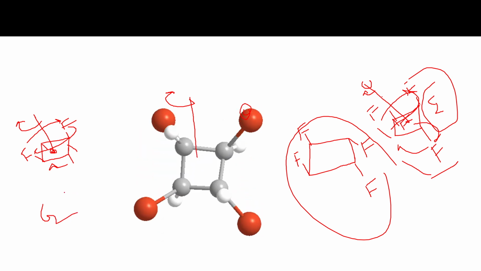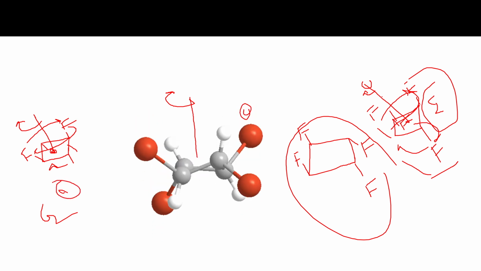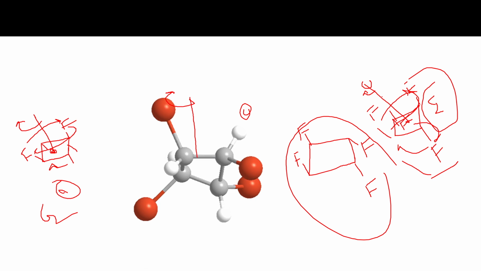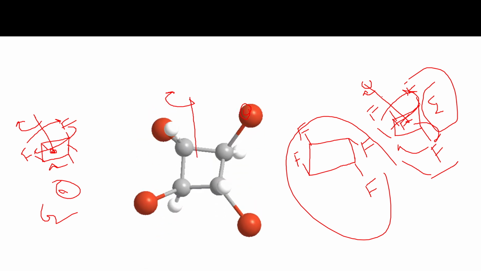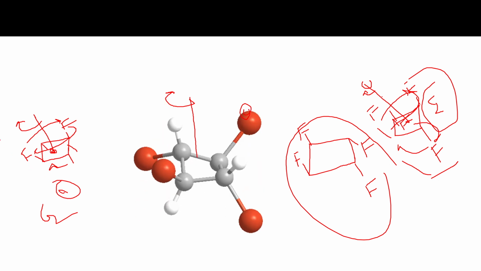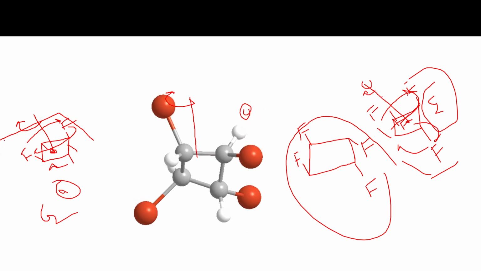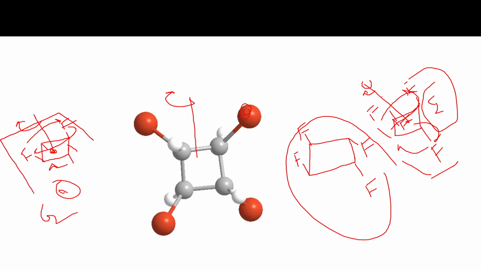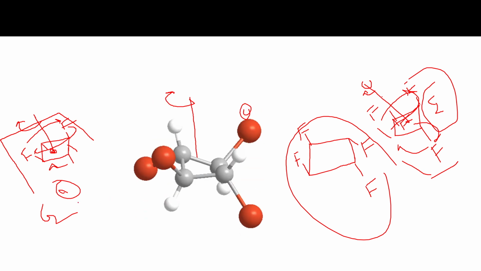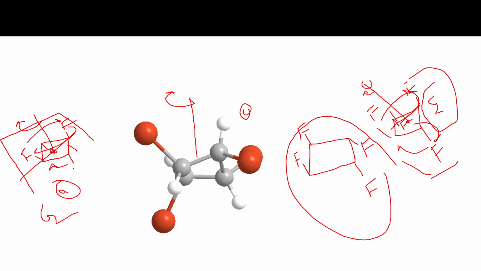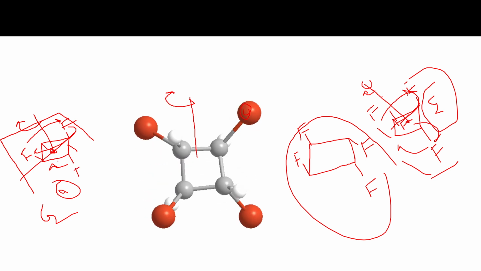Then we have to find out whether sigma is present or not. So one sigma will be like this. It will contain that principal axis. From above you cut your two fluorines half up, and in between it will be cut, and this fluorine and this fluorine are opposite to each other.